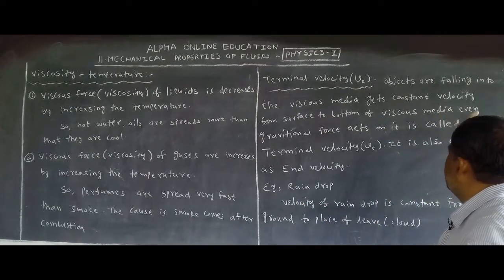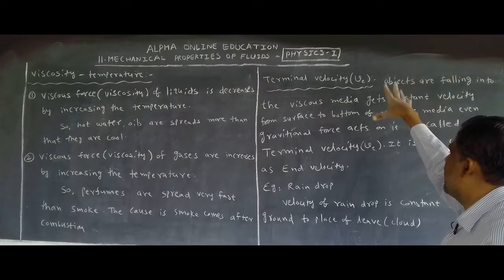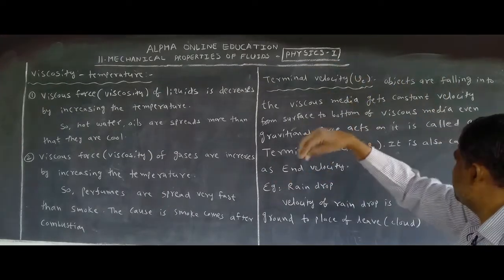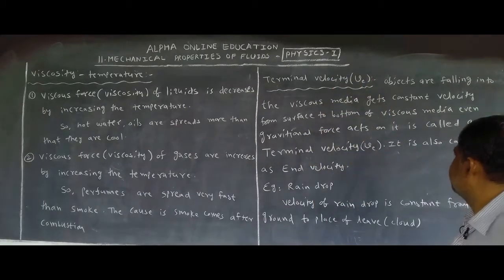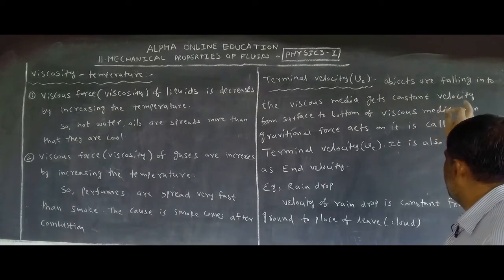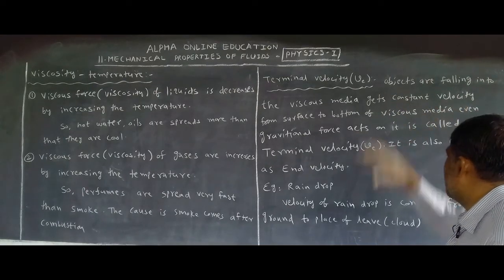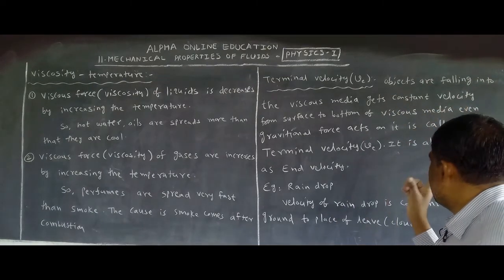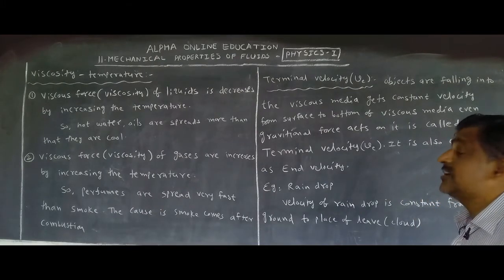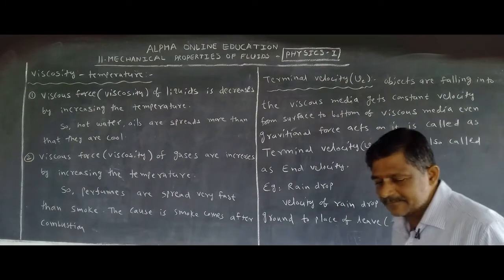Objects falling into a viscous medium get a constant velocity from the surface to the bottom of the viscous medium, even though the gravitational force acts on it. That is called terminal velocity.